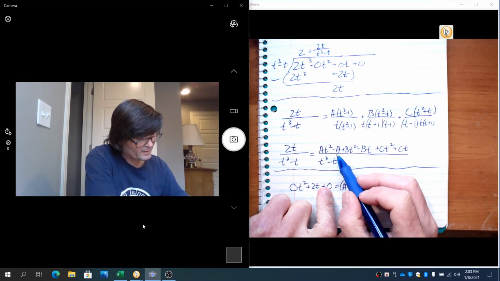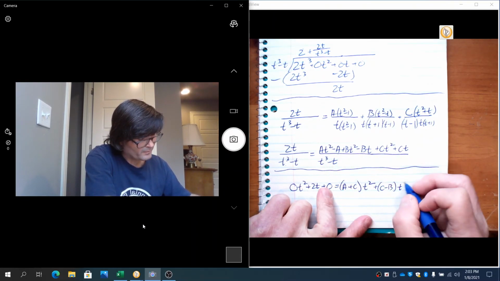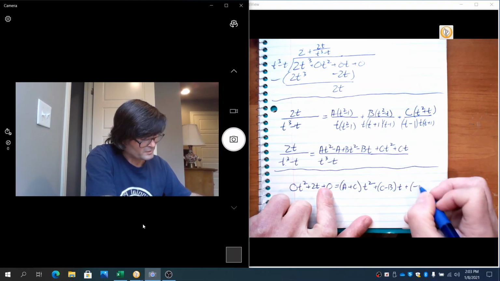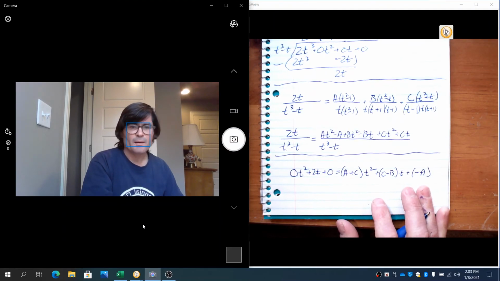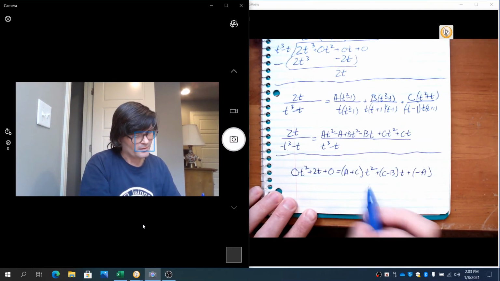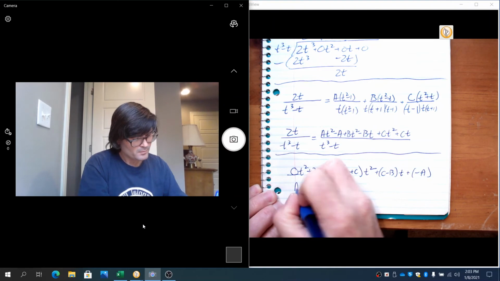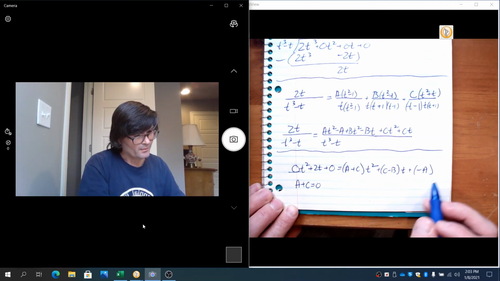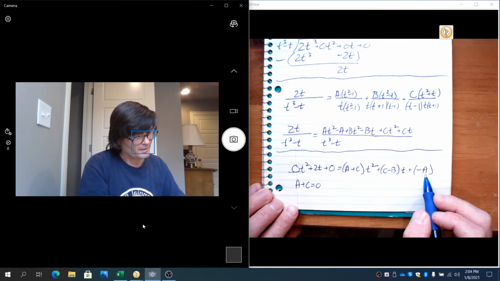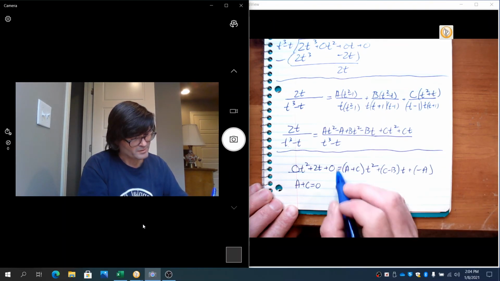And then we've got plus negative A. So it looks like 0 equals A plus C. And then we'll have negative A equals 0.